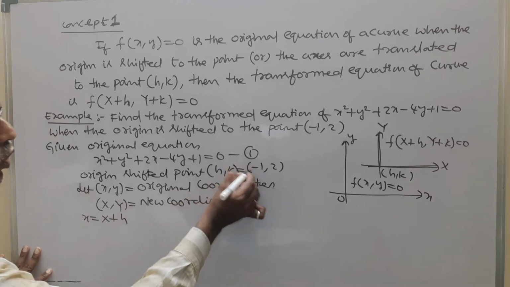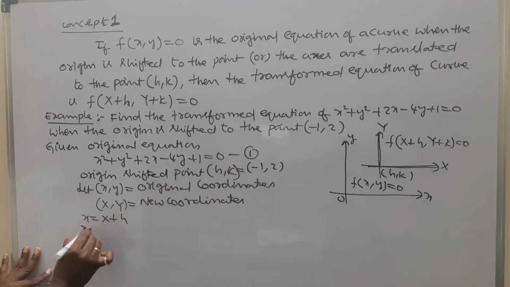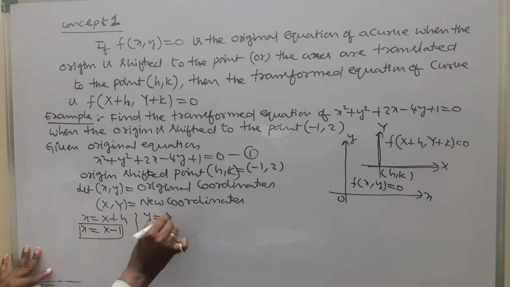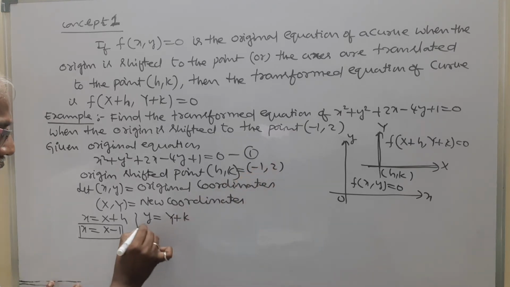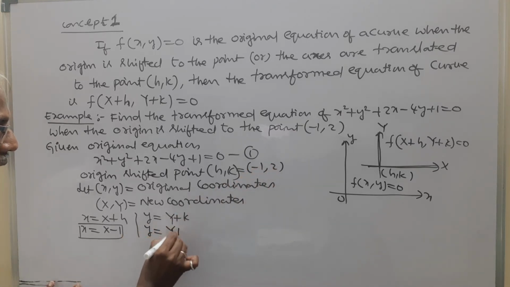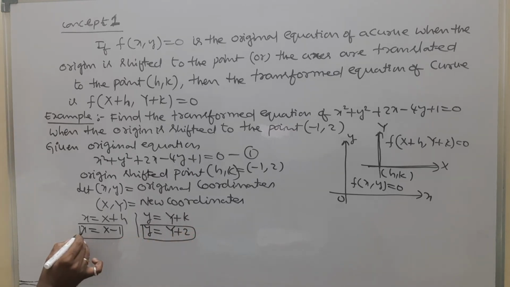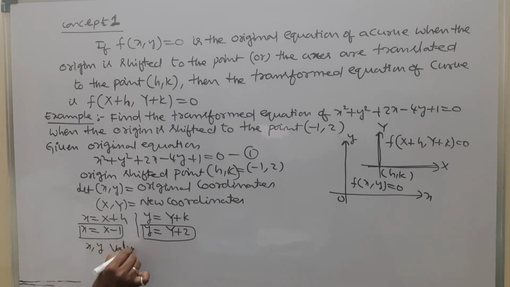Here h equals -1, so x = X - 1. y = Y + k. Here k equals 2, so y = Y + 2. Now substitute the x and y values in equation 1.